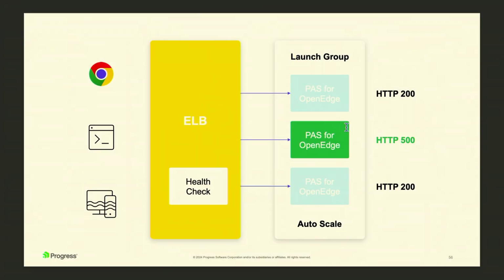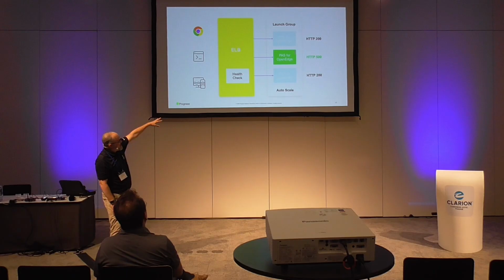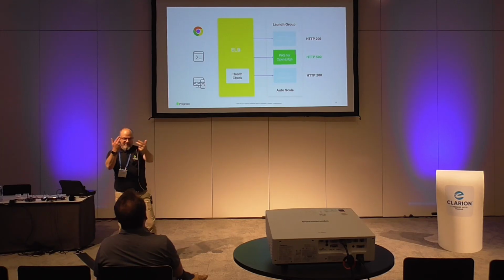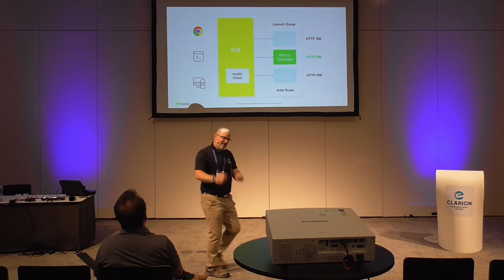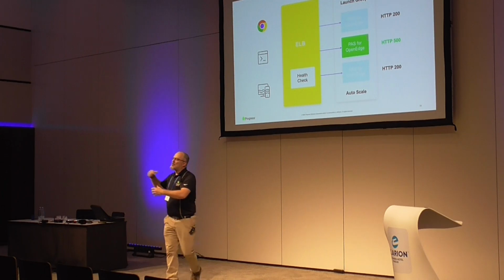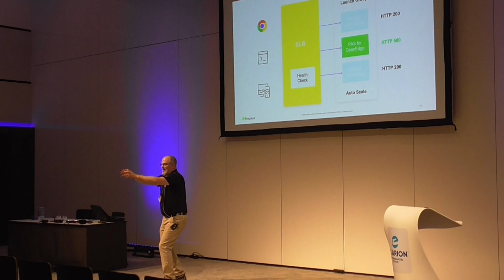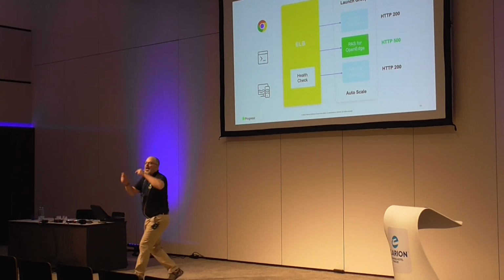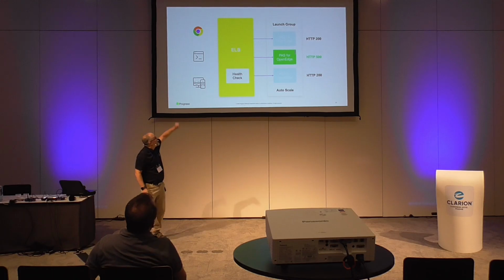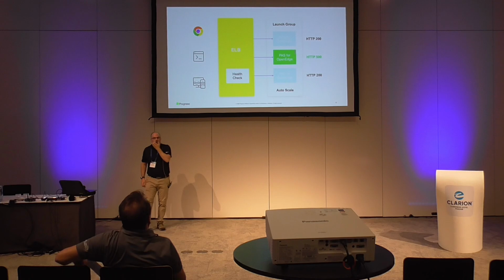So it's meant to be used in a full clustering style, where I can have a whole cluster of PASs, and should one, like this green guy in the middle, start throwing 500s or start showing a degraded score, I can take him out of the rotation, kill all of his agents, do whatever, spin him back up nice and clean and shiny and new, and then put him back into the ALB rotation, in this case, ELB rotation.